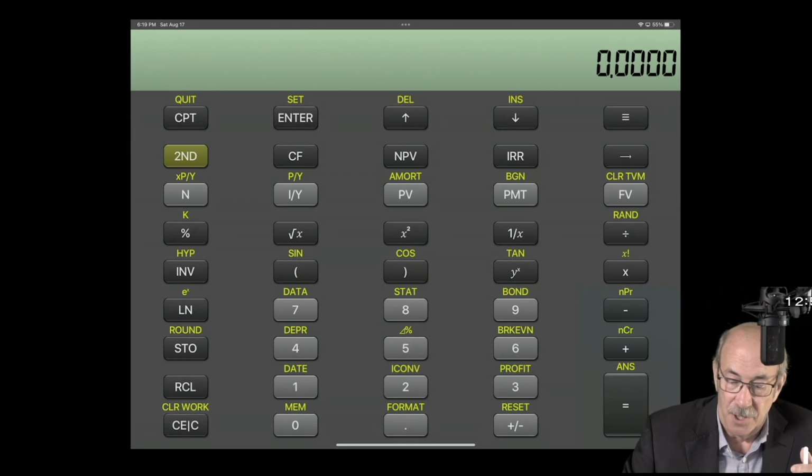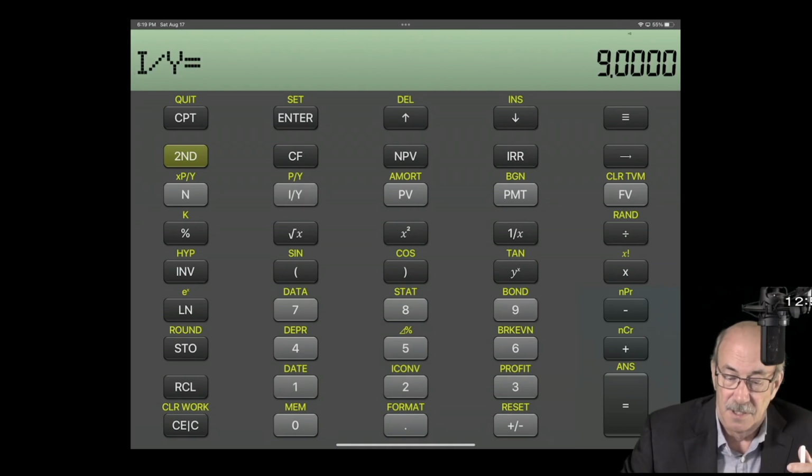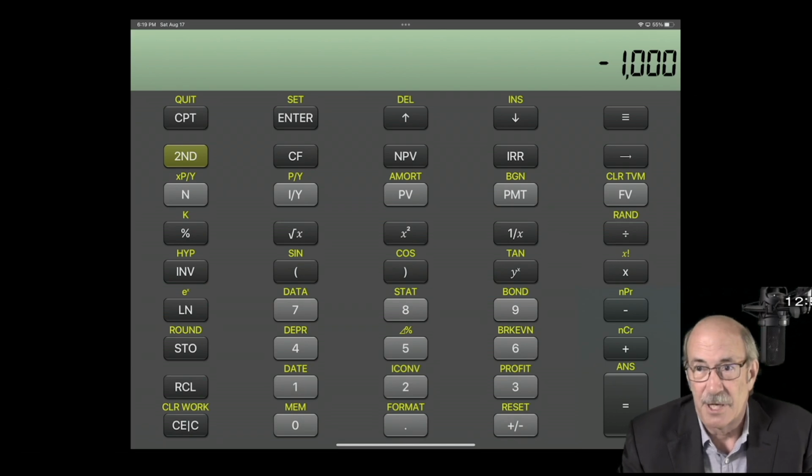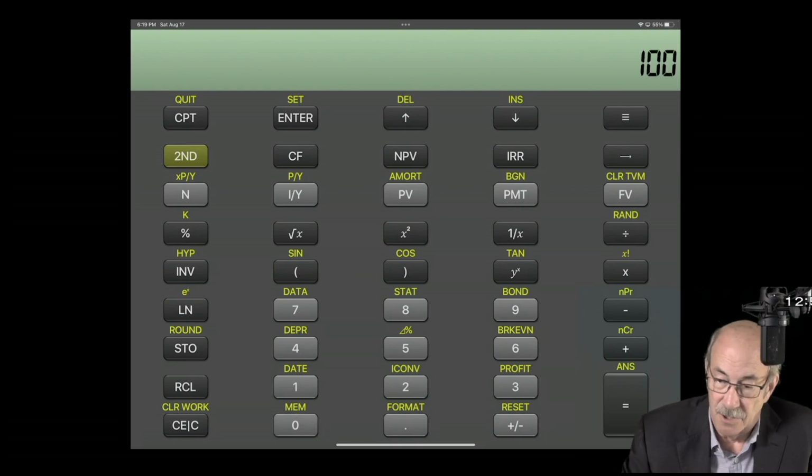And let's go with 2 years, right? And we're earning 9%. And present value is what we're looking for. We want $1,000 in our payment, and I'm going to make that a negative because that's an outflow. And I want another $1,000. Oh, sorry. Actually, that's incorrect.